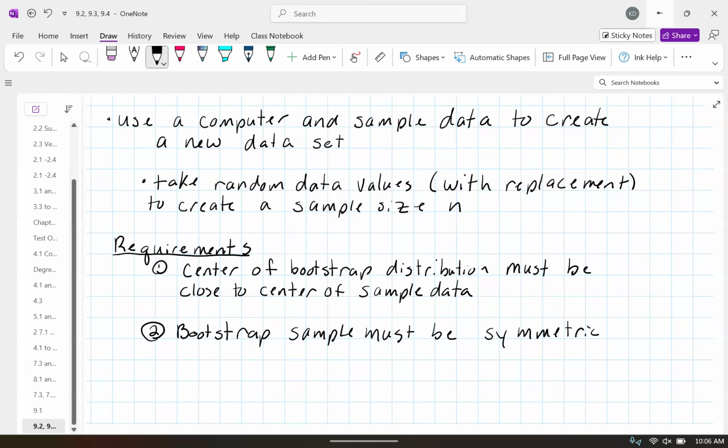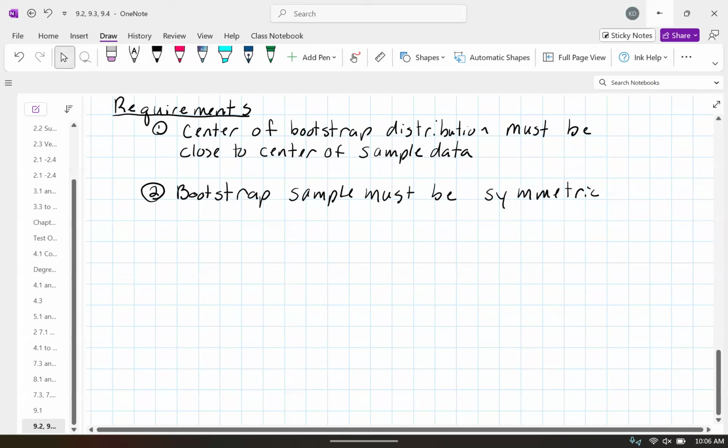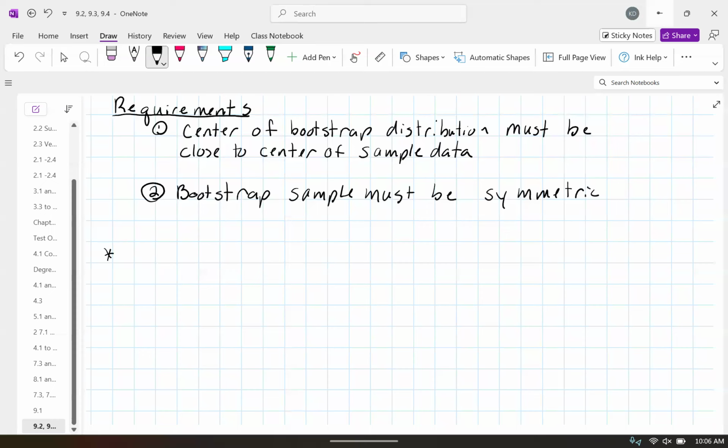So take your middle, the same number of data values on the left as the right. They give us an algorithm, but it's really not an algorithm. So things to note, we'll say. Bootstrap.